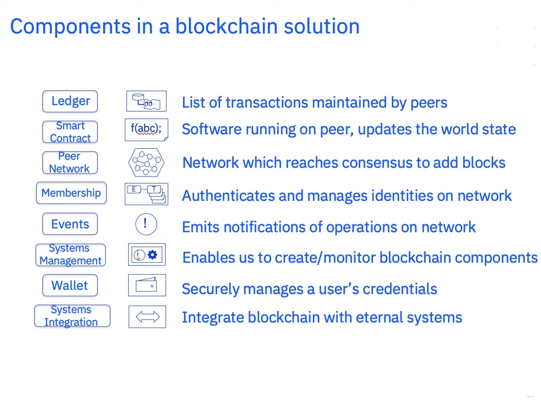And peer networks reach consensus to add a block. Membership will authenticate and manage identity on the network. Events will emit notifications of operations on the network. System management will enable us to create and monitor the blockchain components. Wallet will securely manage a user's credentials. And system integration will integrate the blockchain with external systems.